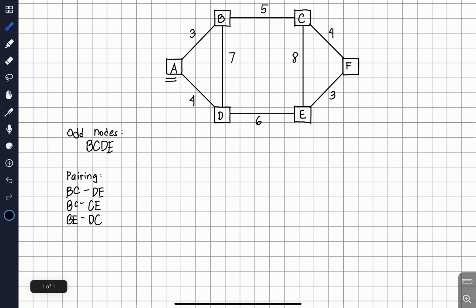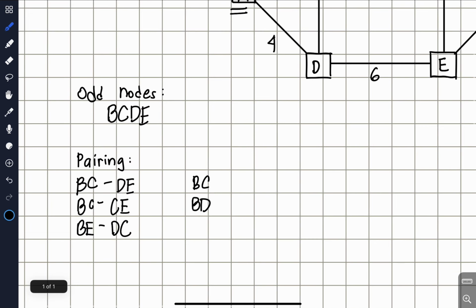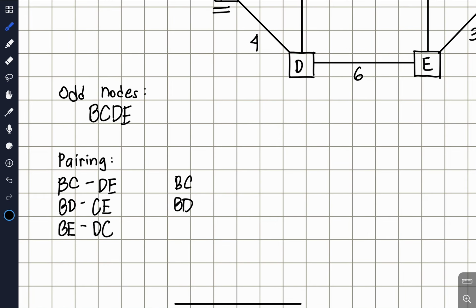So there we go. After setting up the pairing, next we get the total lengths for each pair we've assigned. So let's put it in a separate one. BC, BD, then BE.